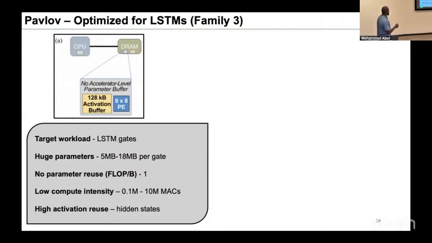So they designed this engine for low compute, with very high parameters and low parameter reuse. They're also designed for high activation use. So the die is put in the DRAM so as to make it very close to the weights that it is going to use.